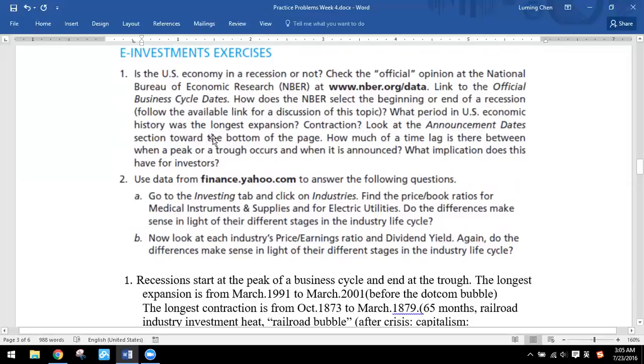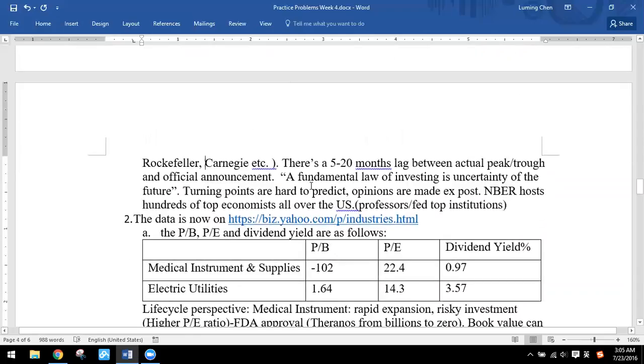Look at the announcement dates section towards the bottom of the page. How much of a time lag is there between when a peak or trough occurs and when it is announced? So there's a 5 to 20 month lag between the actual peak or trough and the official announcement.